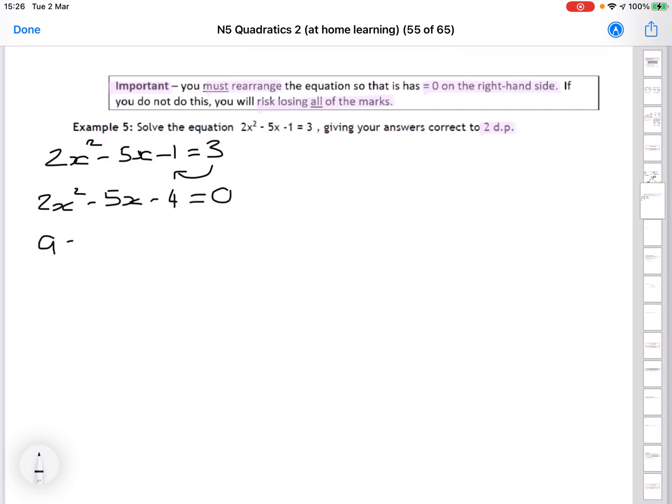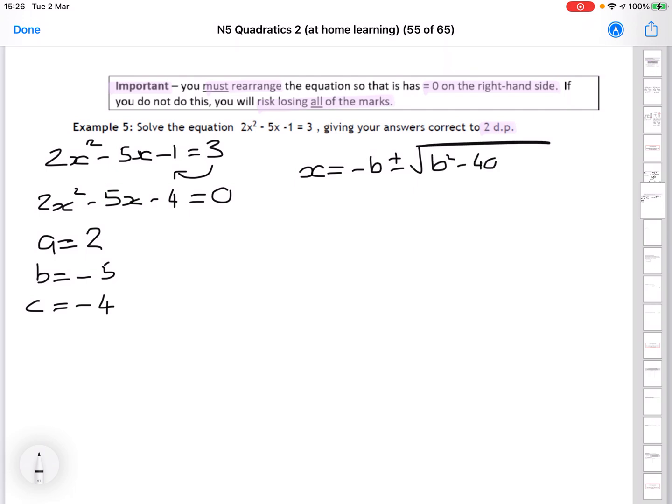Now we can write out our A, B and C values. So A is 2, B is minus 5 and C is minus 4. So if we write out our quadratic formula, we have minus B plus or minus the square root of B squared minus 4AC, all over 2A.